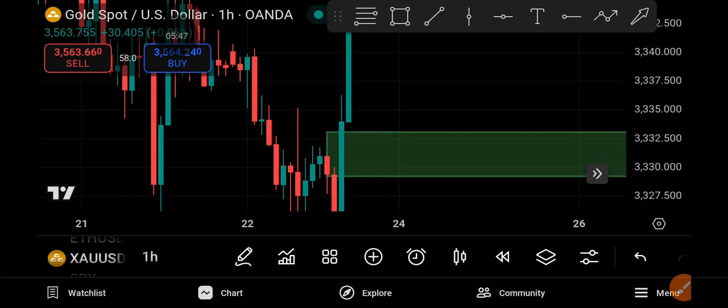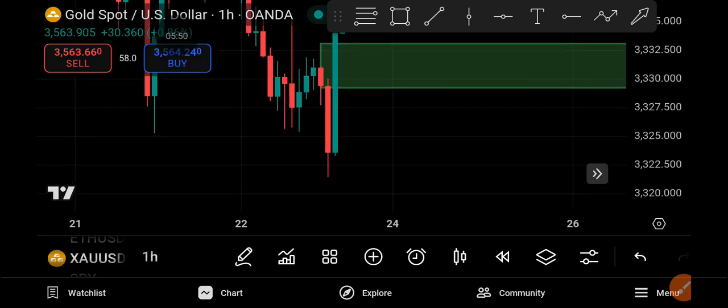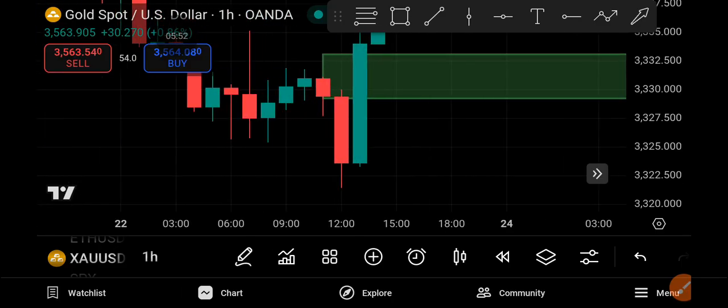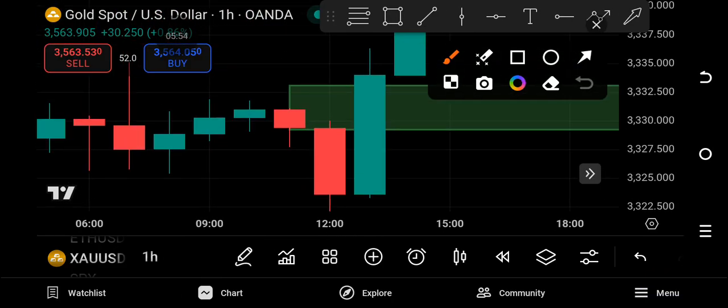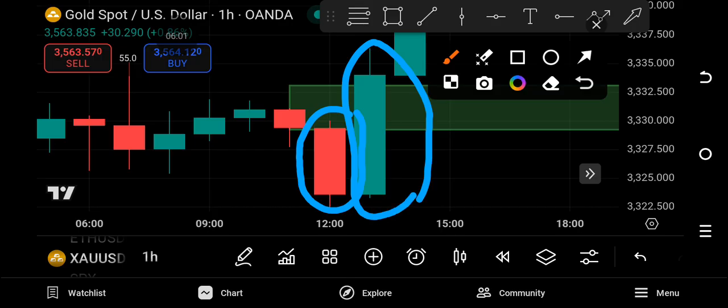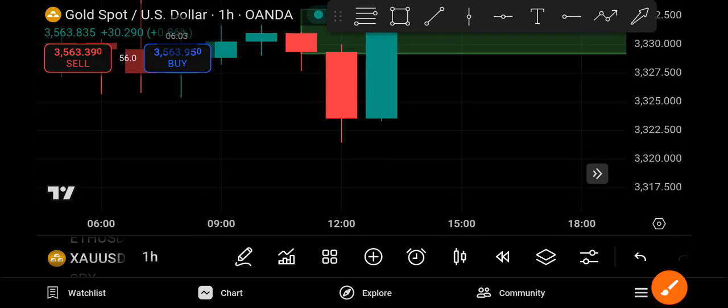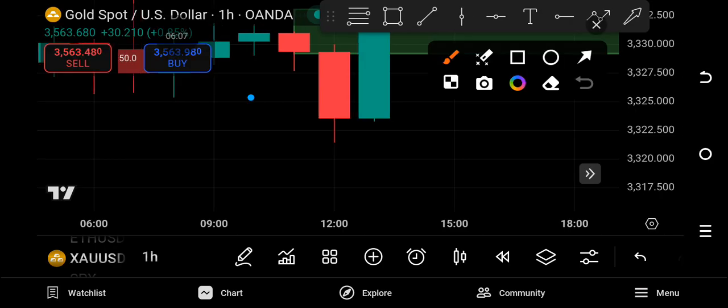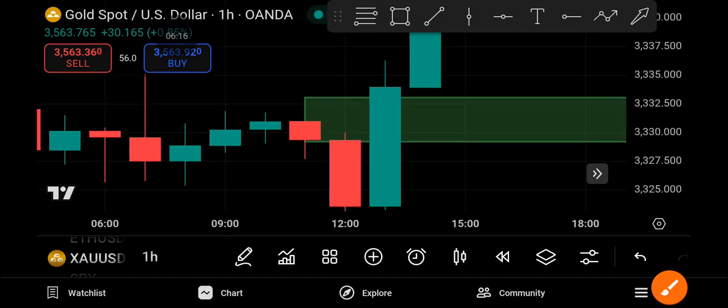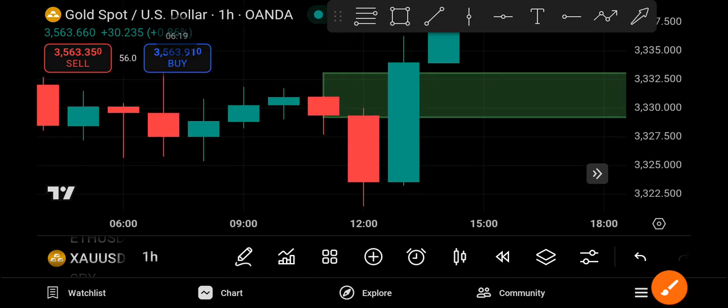So you have to look for what we are talking about. These are two candles, this red candle and this green candle. The red candle swept this candle's liquidity, and this green candle created an imbalance. So that one is called a standard order block.